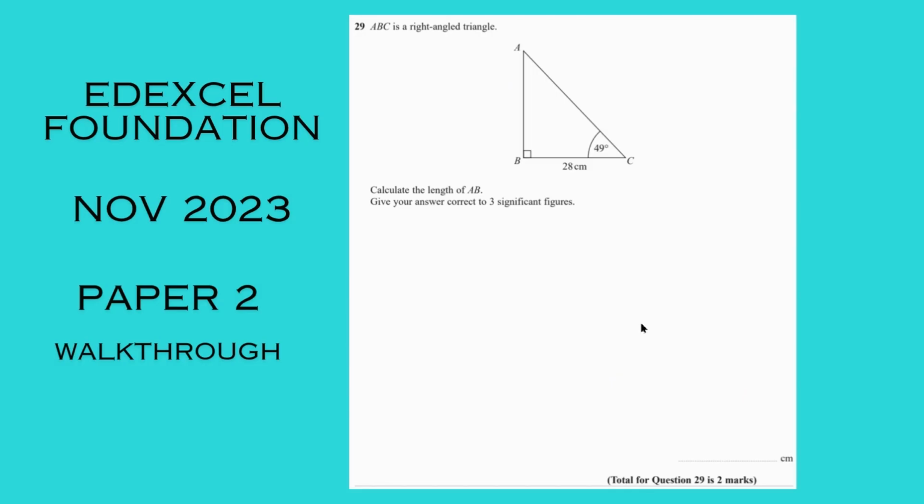Question 29, another question you know is coming up. SOHCAHTOA, get your labels sorted. The hypotenuse is the longest side. It's the one opposite the right angle, opposite to 49, adjacent to 49, and we're being asked to find AB.